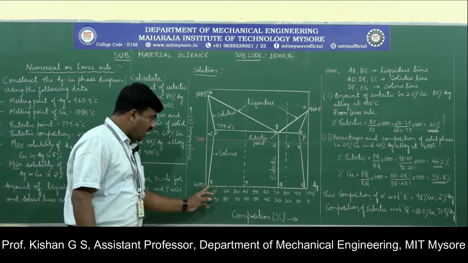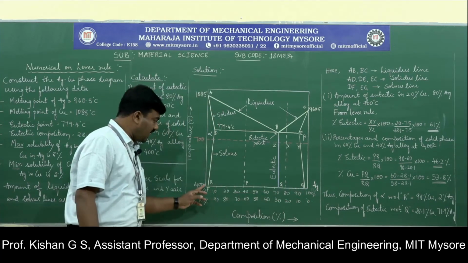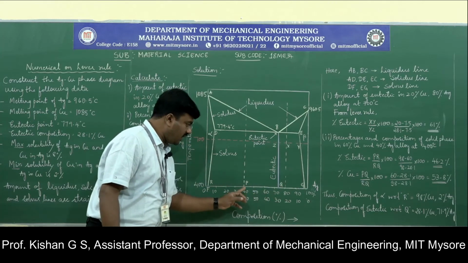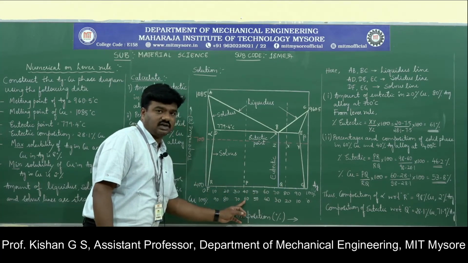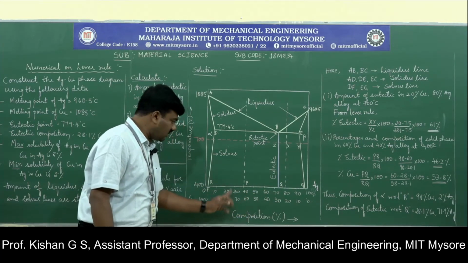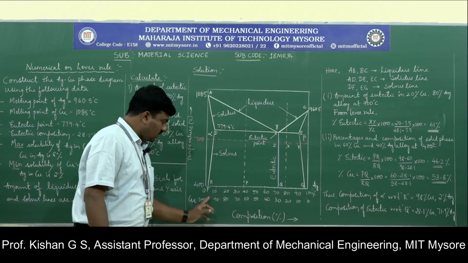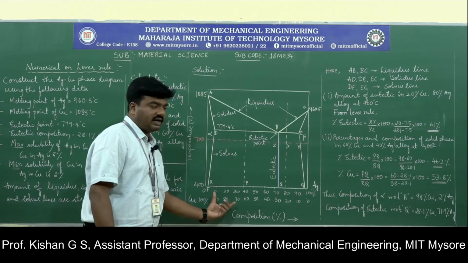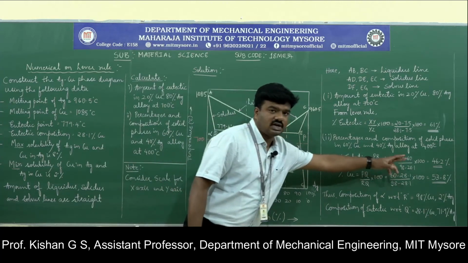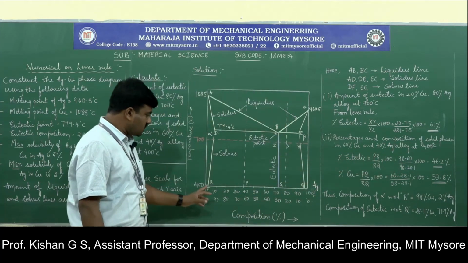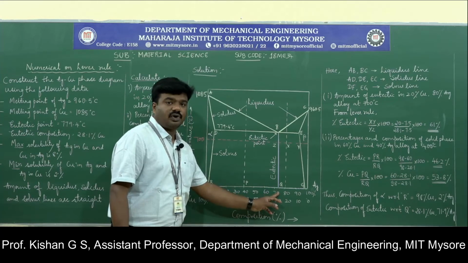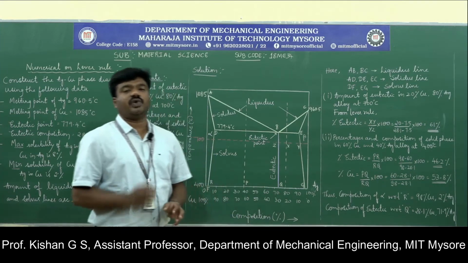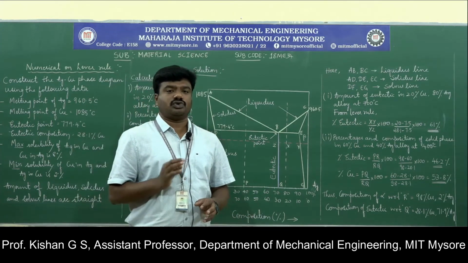The point R is at a reference of 98, minus P at a reference of 60% of copper, which means PR is equal to 98 minus 60. Now comes RQ. Where is the point Q? Q is exactly at 28.1% of copper.